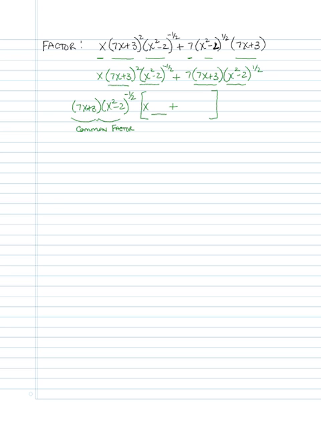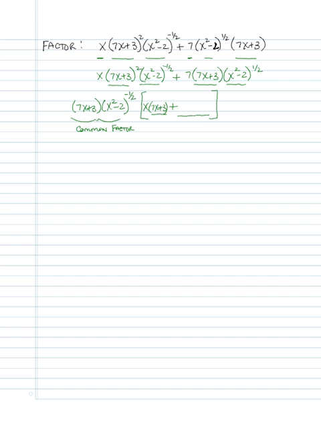Well, we've only got a 7x plus 3 to the power 1 in our common factor, so we need a 7x plus 3 to the power 1 again to give a power 2. And we already have x squared minus 2 to the negative 1/2 power, so we don't need any more x squared minus 2's.